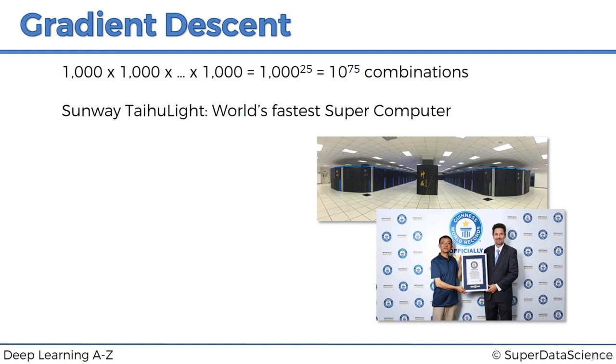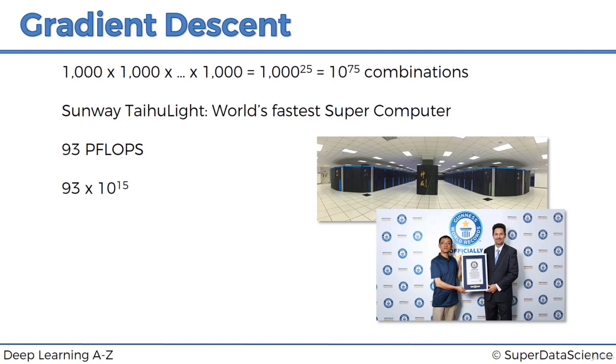It can operate at a speed of 93 petaflops. A flop stands for floating point operation per second. So it can do 93 times 10 to the power of 15 floating point operations per second. That's how quick it is.